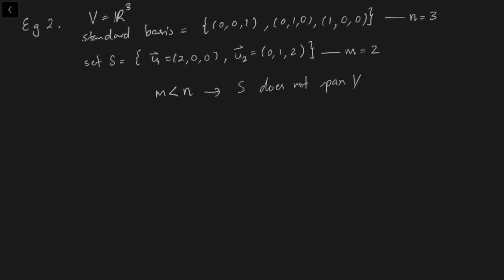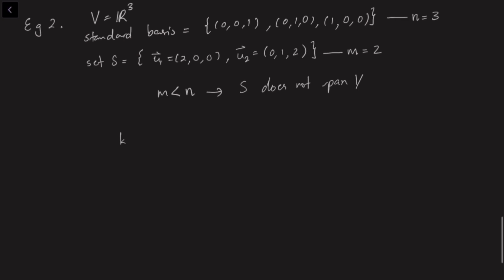Let's verify this. How do we verify this? If S did span V, then we would be able to write the vectors in V as a linear combination of the vectors in S. So we'll have some coefficient k1 times u1 plus some coefficient k2 times u2, and that should be equal to a vector in the basis of the vector space.